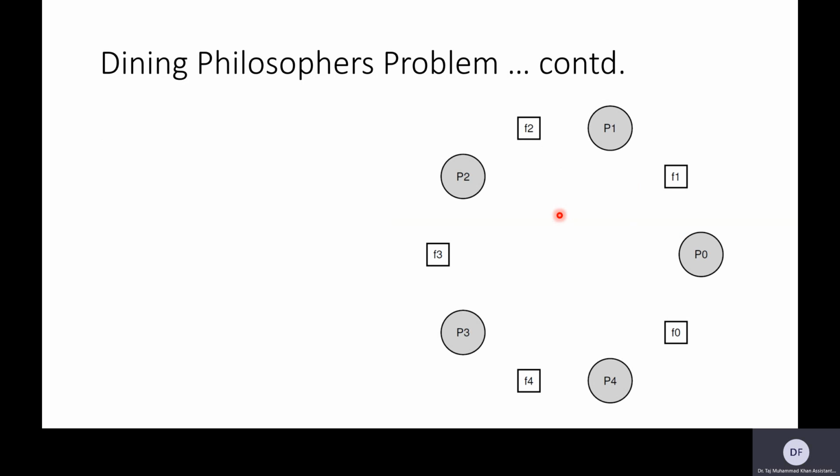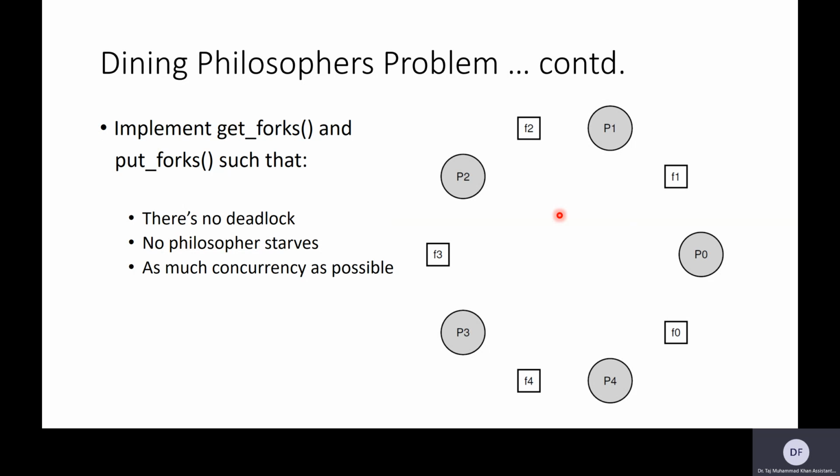So here is the pictorial representation that we saw, and we have to implement get forks and put forks such that there's no deadlock. Remember, deadlock is where every thread is waiting for another thread and there is no progress. They're all stuck. So our implementation should not have a deadlock.